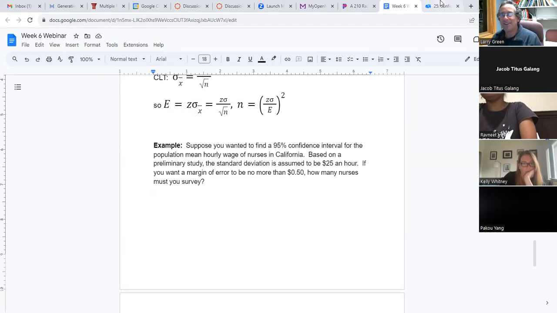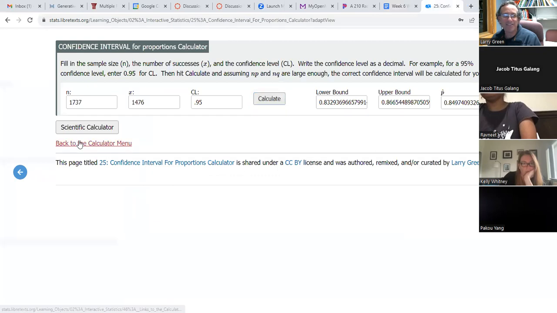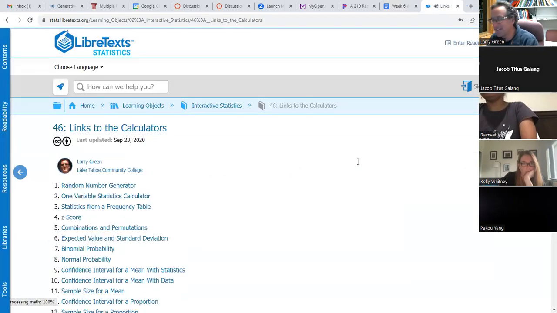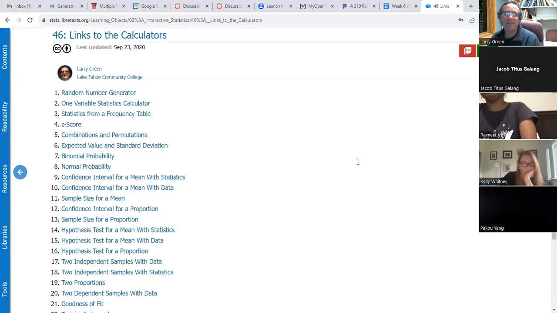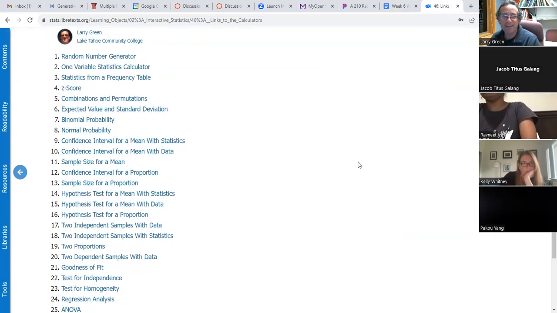So what you do have to know, and this is what I told you 20 minutes or so ago, is which calculator to use. What calculator do you think we're going to use to answer this question? Yeah, sample size for mean. We want a mean because it's an average salary.